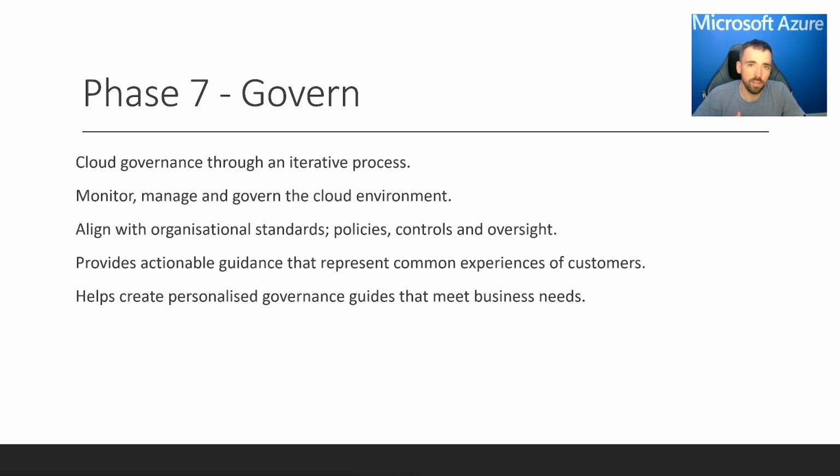Ready suggests some policies that will maintain governance across the environment, but we actually need to understand from the business what specific policies we want, how do we want to govern the environment, what do we want to stop being created. As an example, deploying virtual machines that are very expensive because they can go up to many thousands of pounds or dollars per month.